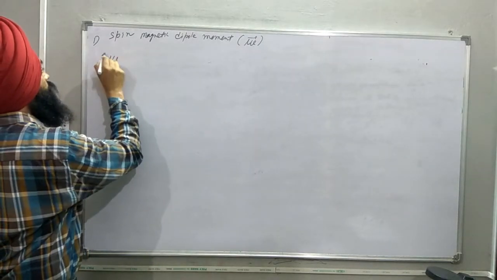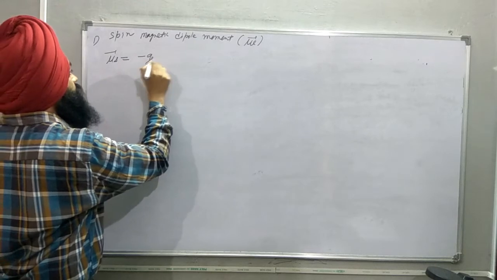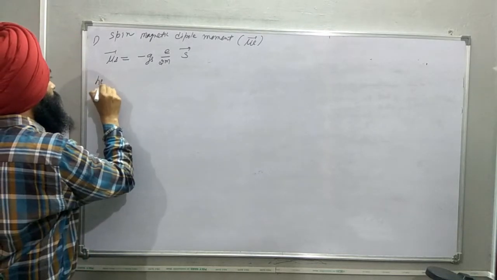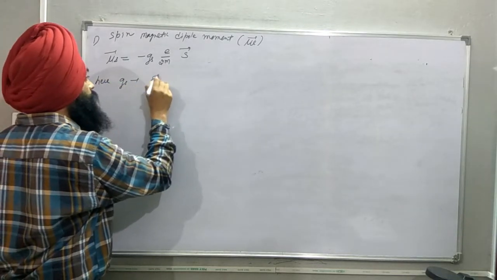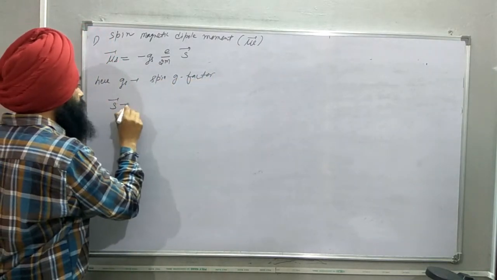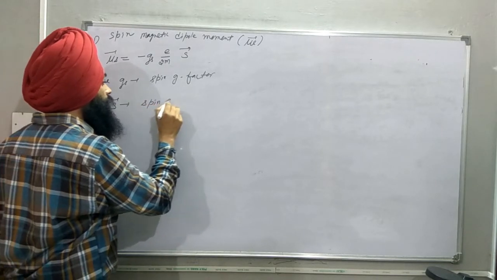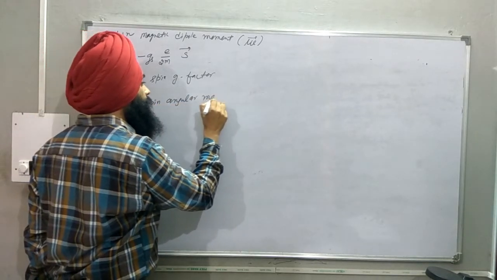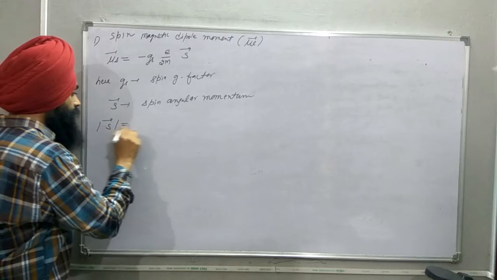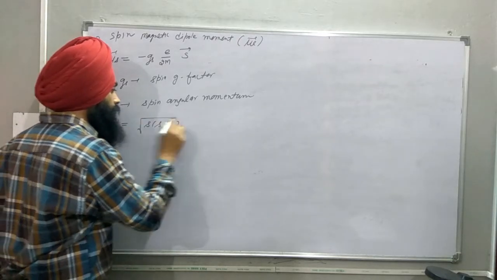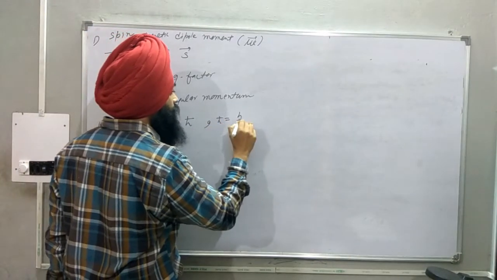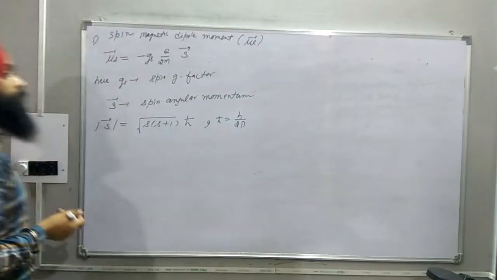Its value is mu S equal to minus gS e on 2m into S. Here gS is the spin g factor, and S is the spin angular momentum. The value of S in magnitude is square root of S into S plus 1 into h cut. h cut is h upon 2 pi. Here h is Planck's constant.